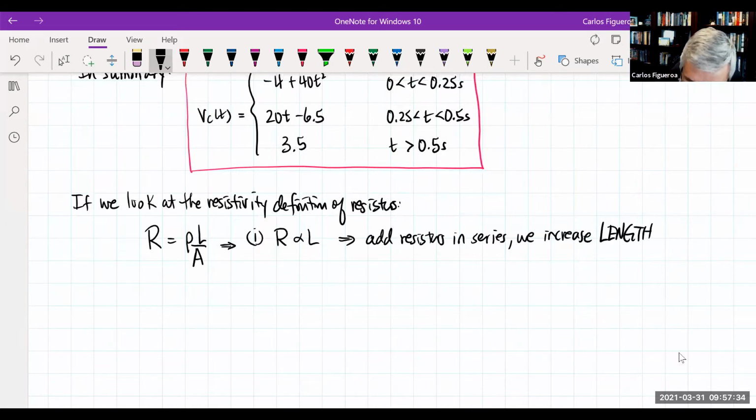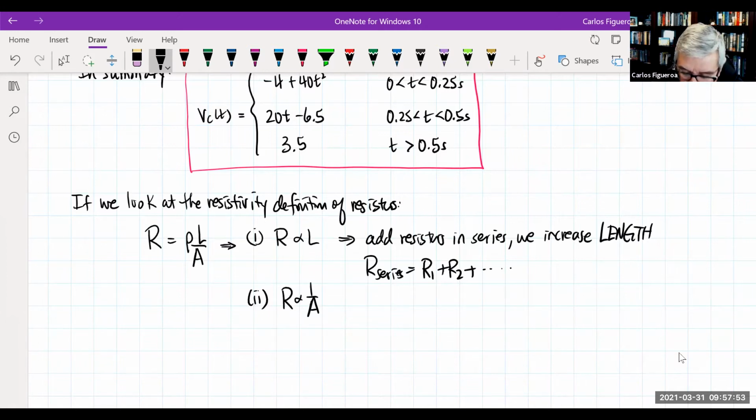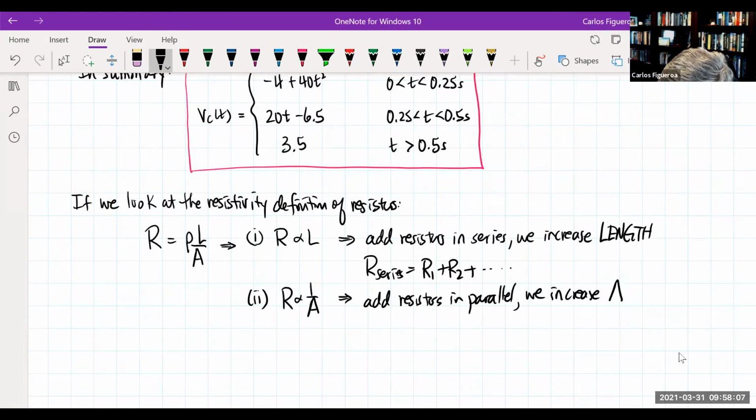And as we increase length, R series must be R1 plus R2, etc. If I look at just the geometry of resistance, when I look at the area, what we find is that as we add resistors in parallel, we increase area.